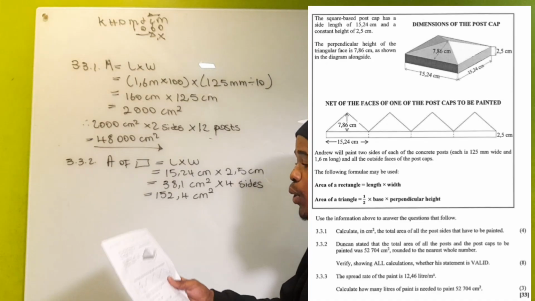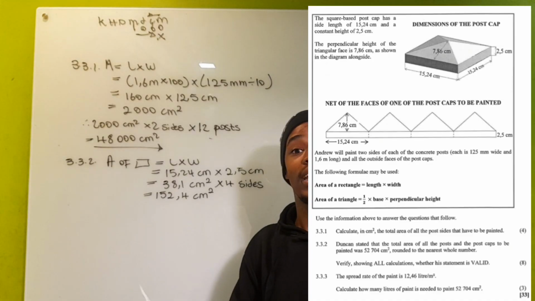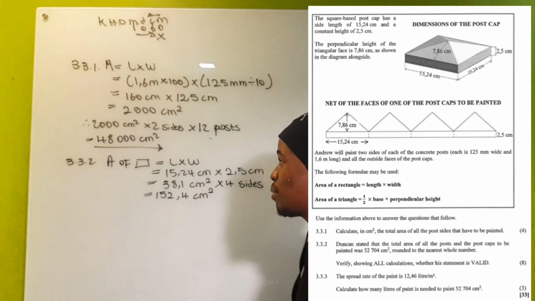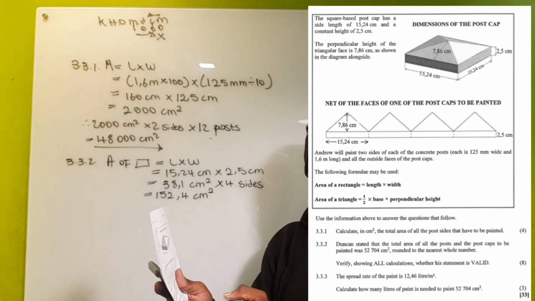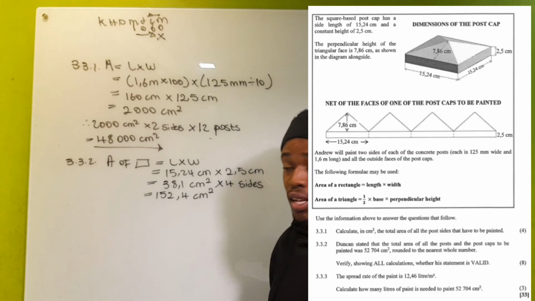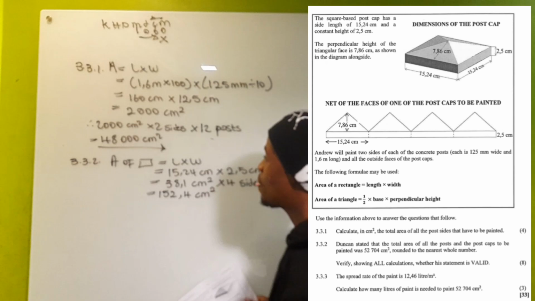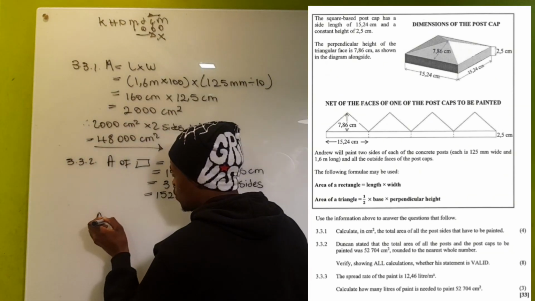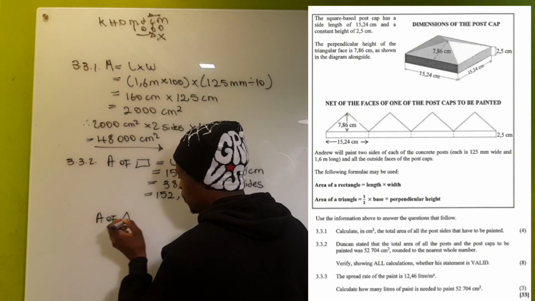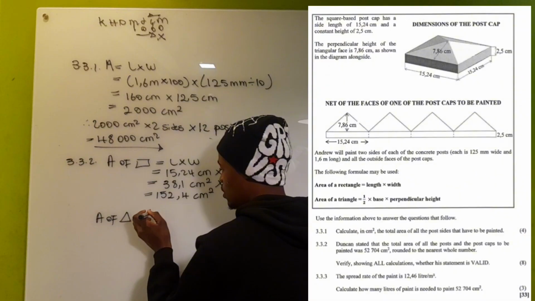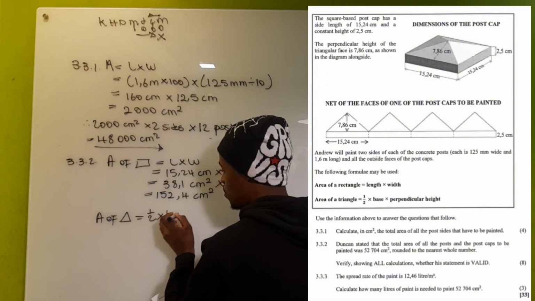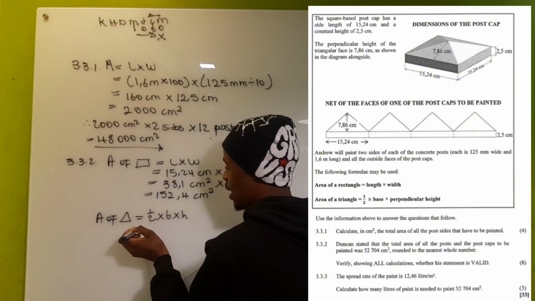So now we're done. We're going to calculate the area of the triangular part on the post cap using the formula to calculate the area of a triangle. So we're going to say area of triangle equals, the formula says 1/2 multiplied by base multiplied by height.